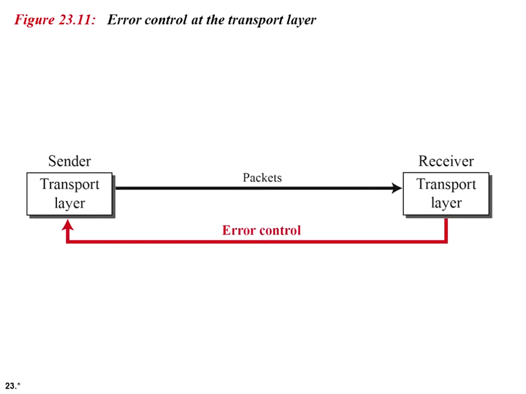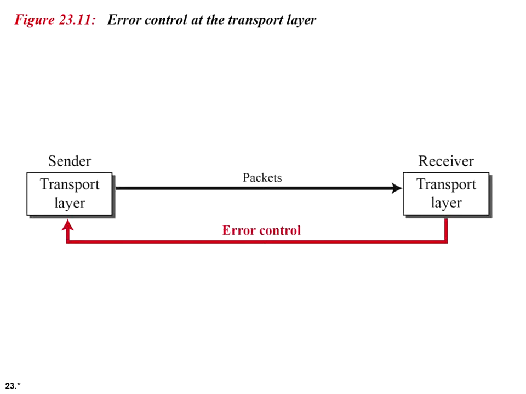So the error control at the transport layer is responsible for detecting and discarding the corrupted packets, and it keeps track of lost and discarded packets and then resends them again. And it recognizes the duplicate packets and discards them, and buffers out of order packets until the missing packets arrive.